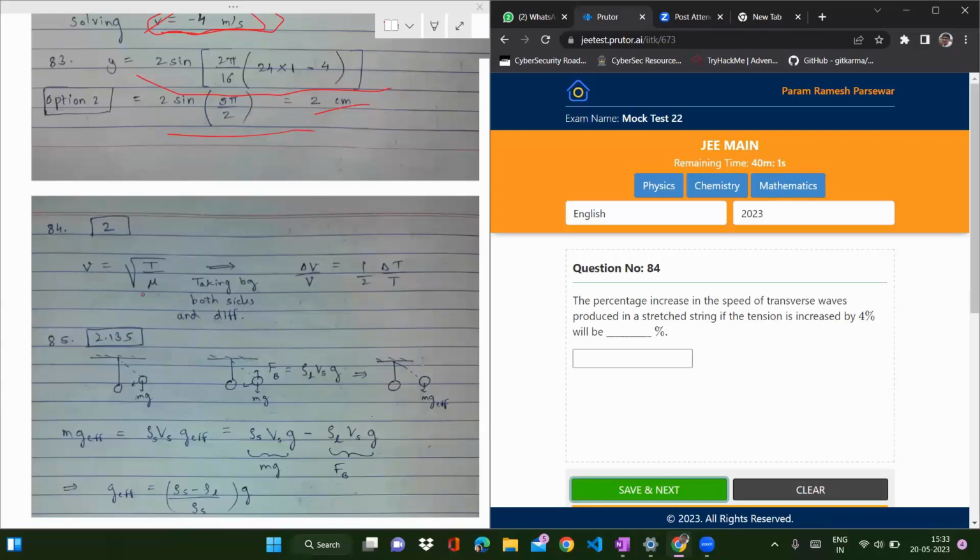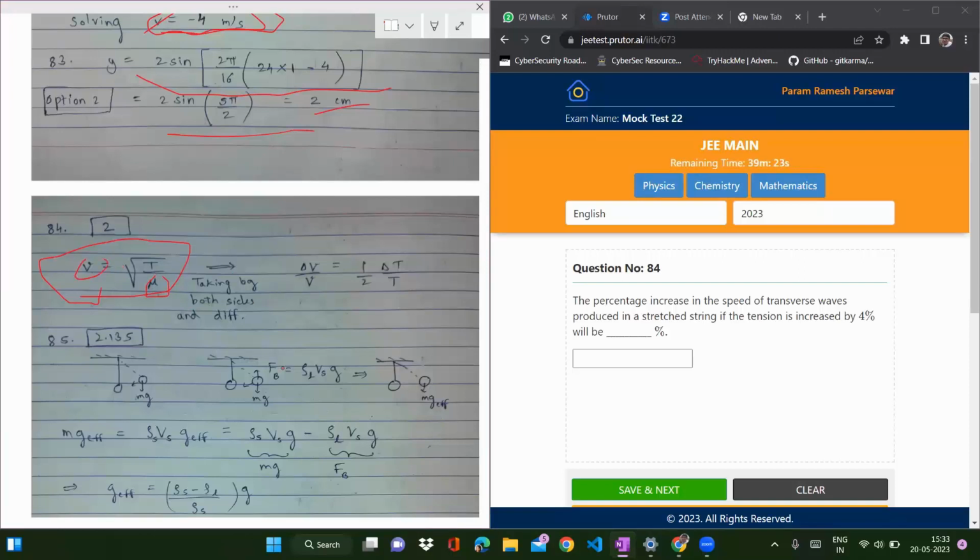Now we have this relation v equals under root T by mu, the relation for velocity of transverse waves, where T is the tension and mu is the linear mass density, mass per unit length, of that string over which the transverse wave is there. We consider mu to be constant in this case, and tension is varying, so we need the relation for V and T.